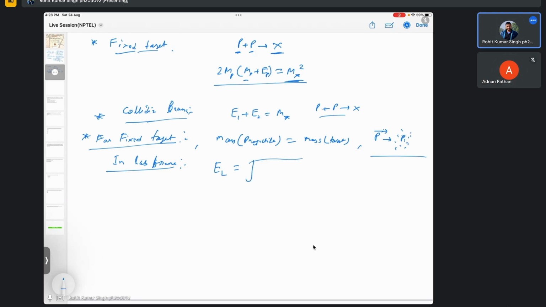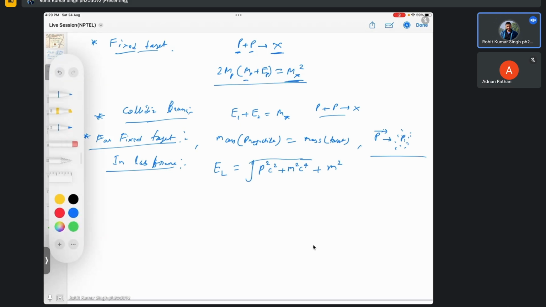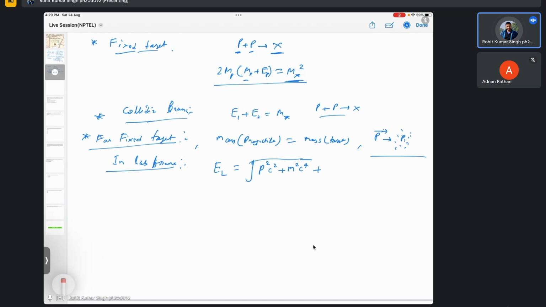So the total energy will be something like p square c square plus m square c to the power 4. I'm writing the relativistic ones, because these experiments are at relativistic energies, so let's follow the relativistic nomenclature. And this is for the stationary one, just because it is the rest mass energy for the target. And this is for the projectile.